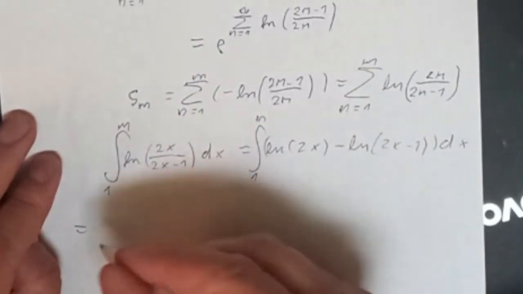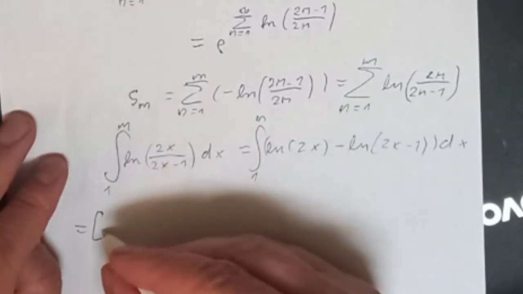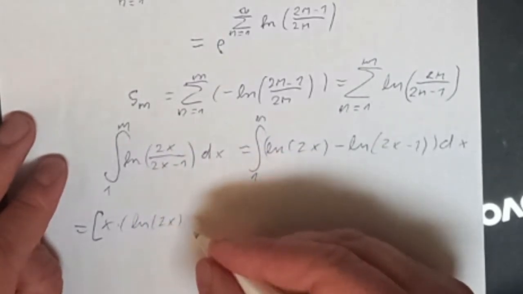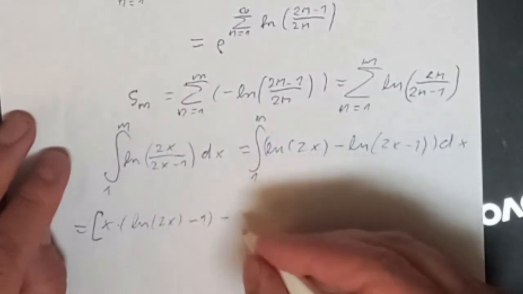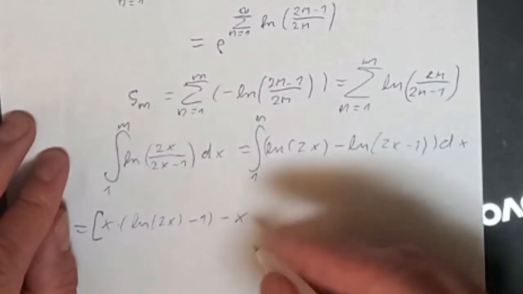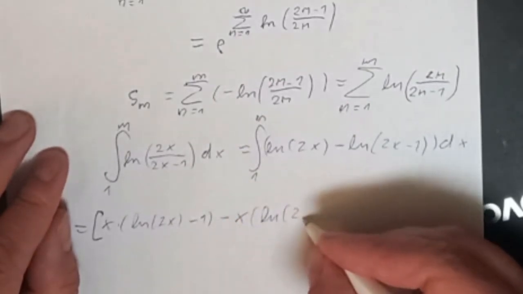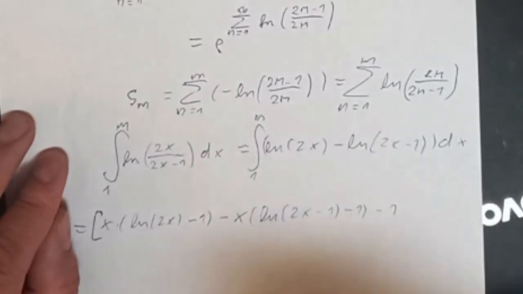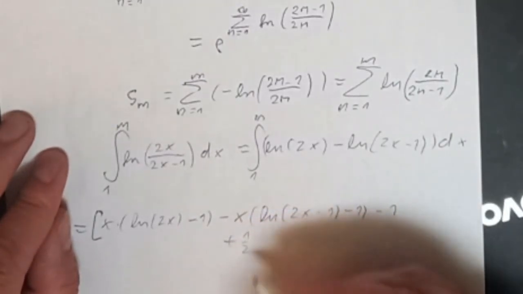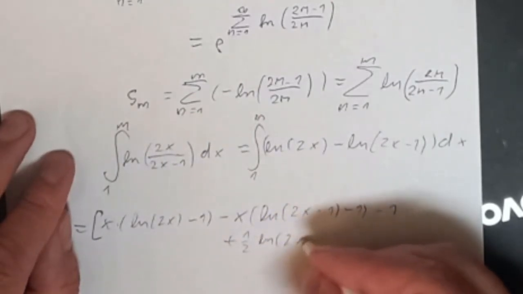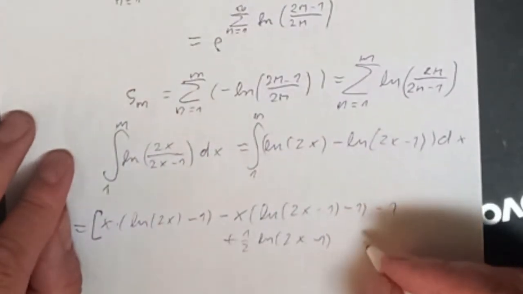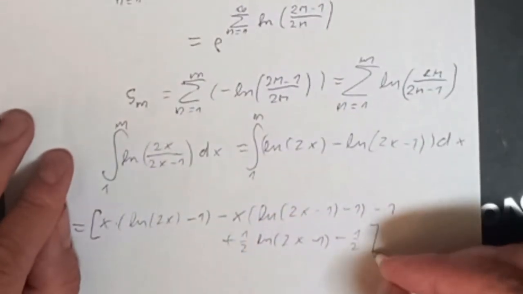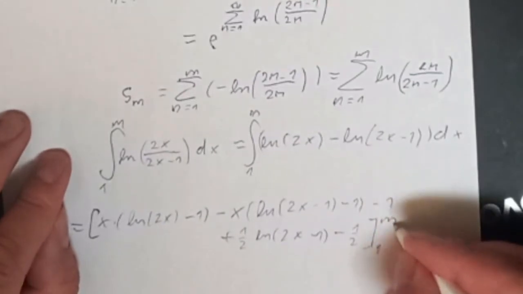Oh, we have to be a bit busy here. Okay, we get x times the logarithm of 2x minus x times the logarithm of 2x minus 1, minus 1 plus a half of 2x minus 1 minus a half, from 1 to m.